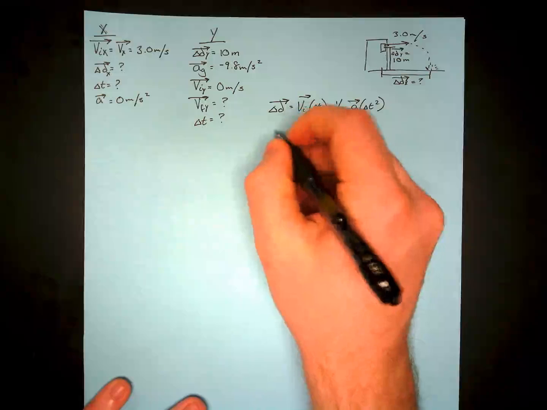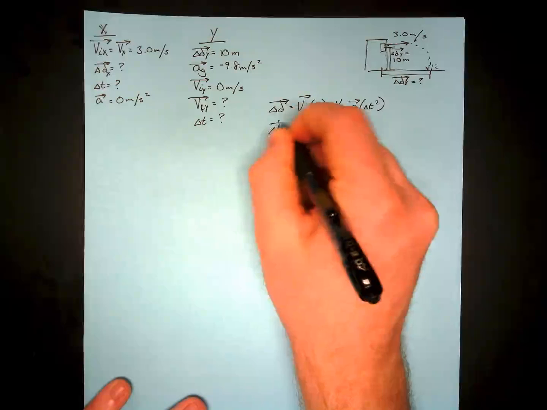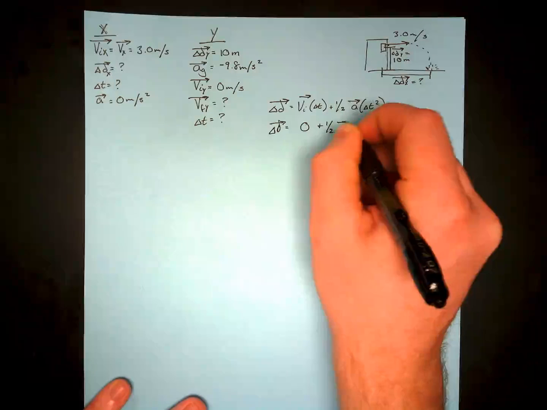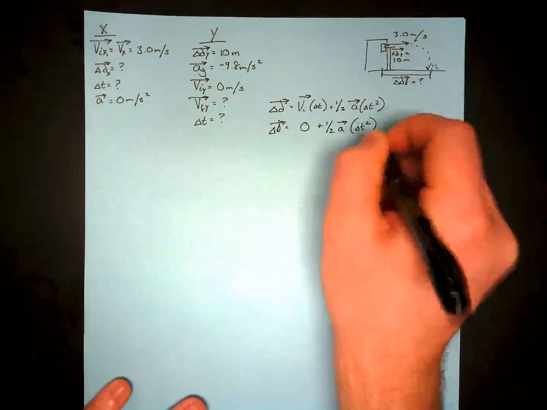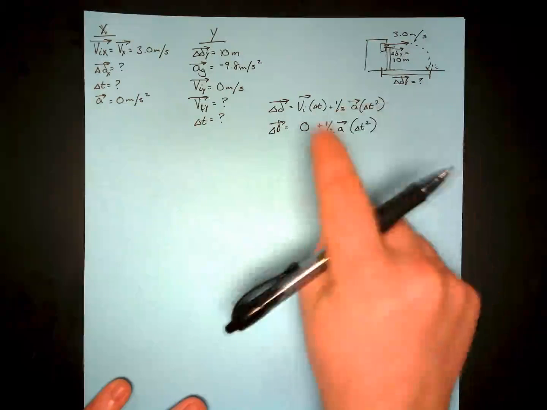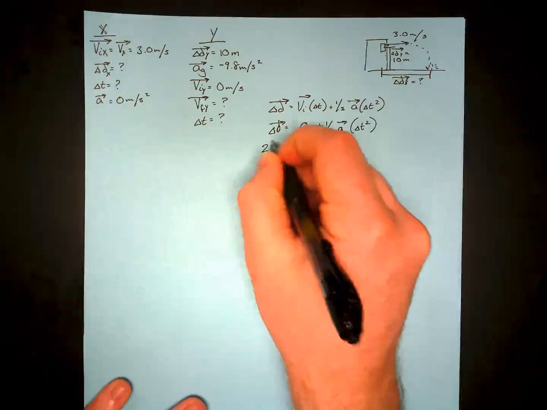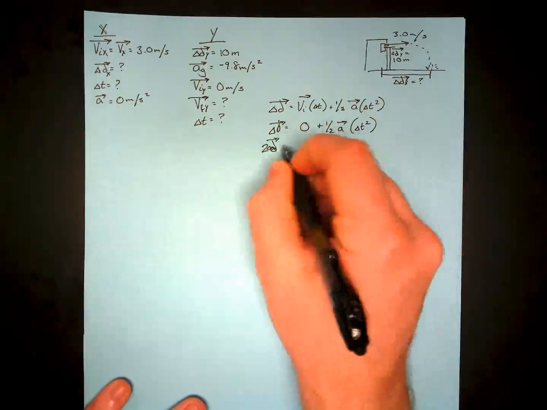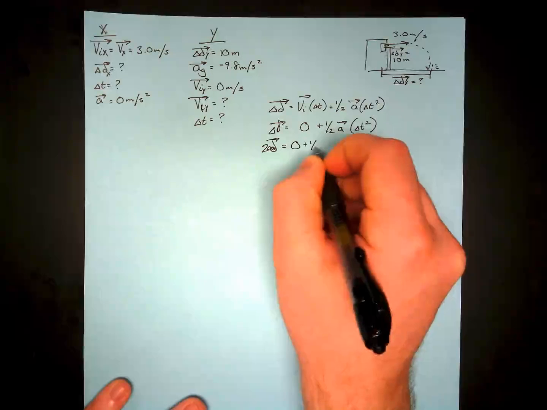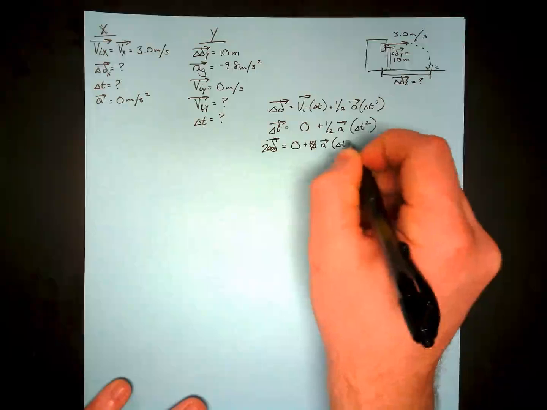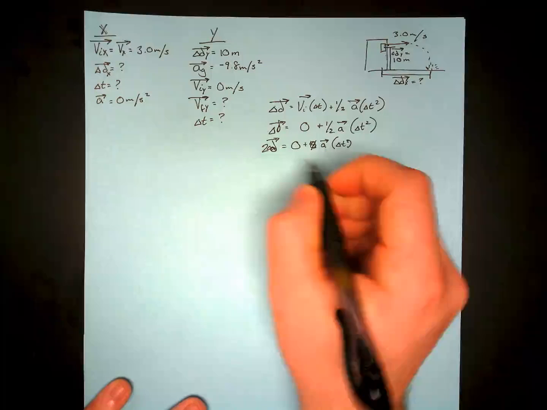Now I'm just going to do this real quick. So I know that's 0 plus 1/2. I'm going to be skipping this because we're going to be using this equation quite a bit. Okay, I'm not going to skip, I'll show you. Then it's going to be 2d is equal to 0 plus acceleration times time squared.